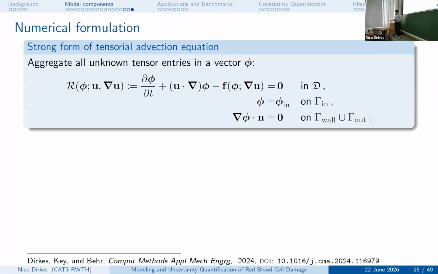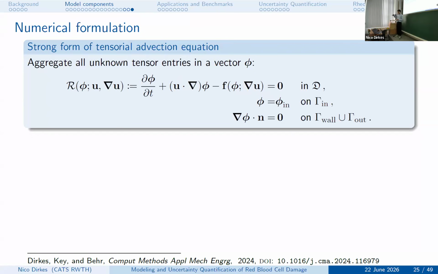So how do we do this in this Eulerian frame? As I said, these are PDEs and not ODEs, so we can't just use a simple ODE solver. So what we do is, these are essentially tensor transport equations. So we aggregate all of the tensor entries, which are up to 6, because in this Aurora model, we have this symmetric positive definite 3x3 tensor. So these are 6 independent components.